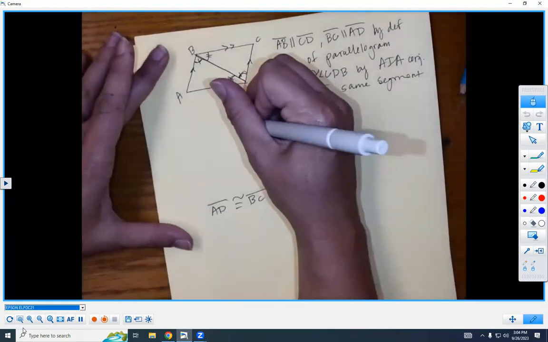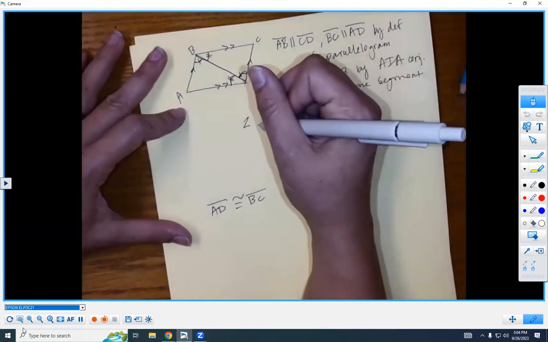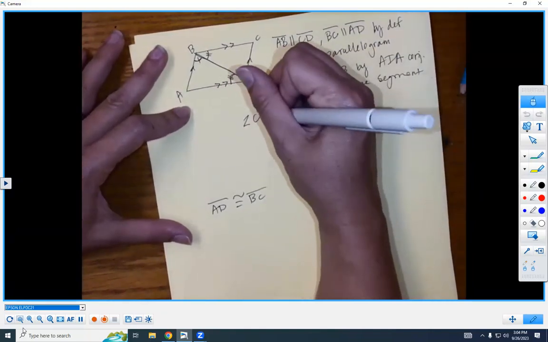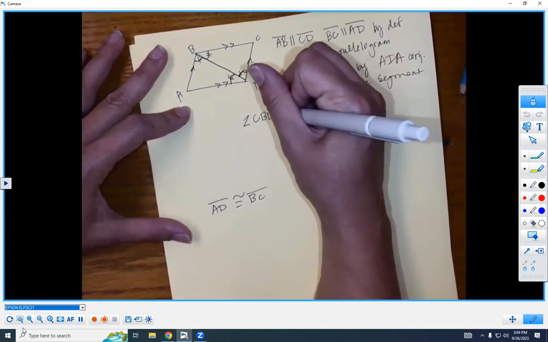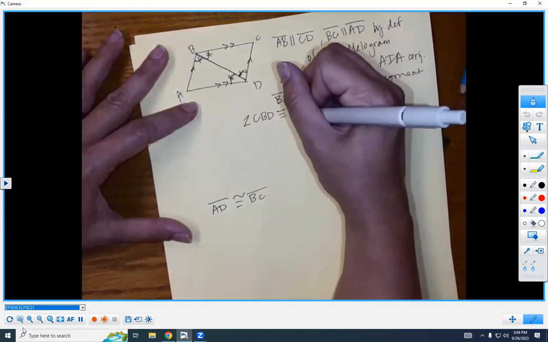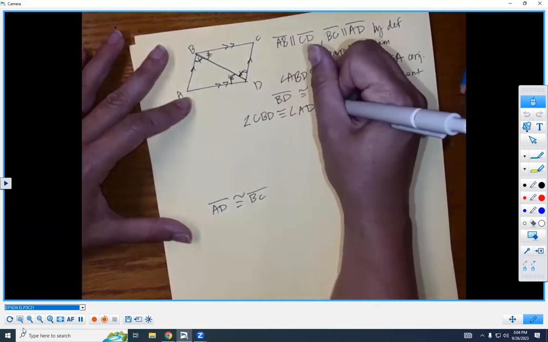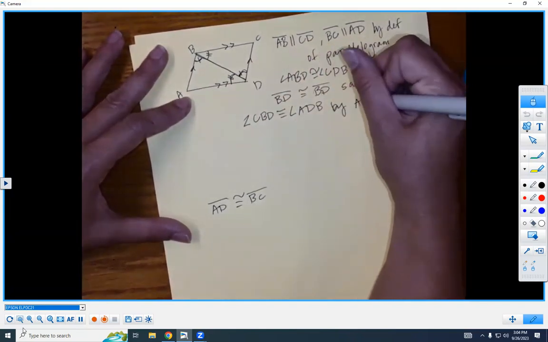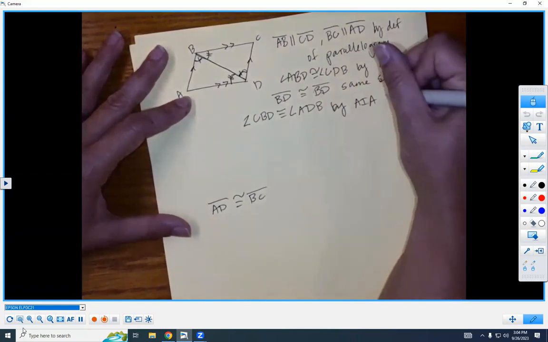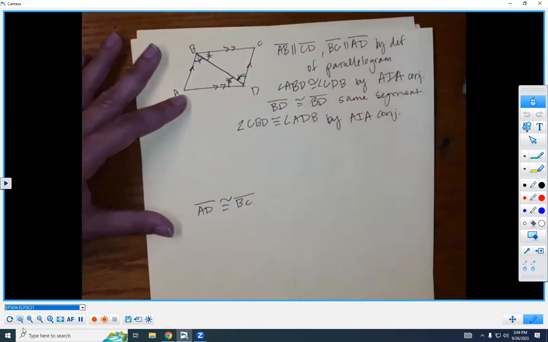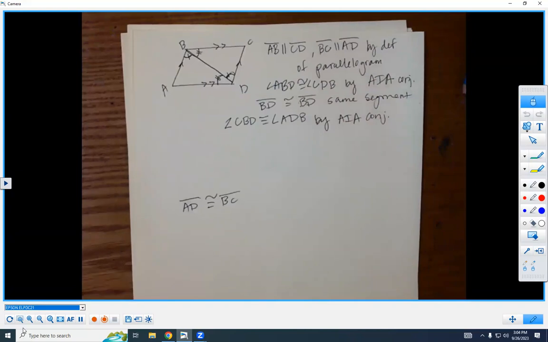So we can say angle CBD is congruent to angle ADB by alternate interior angles. Let me put that triangle ABD and CBD.